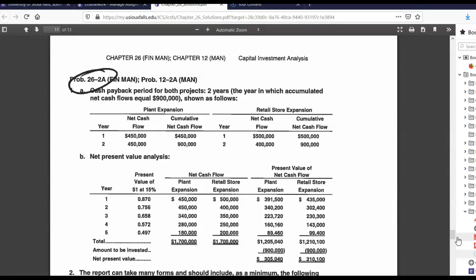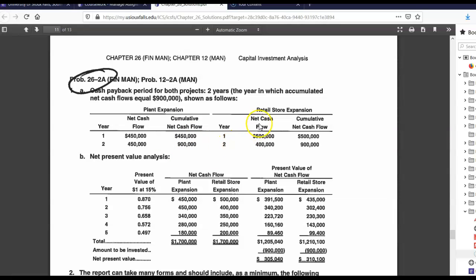Well, cash payback is, again, this one up here, no time value of money. So all they're saying is, how many years does it take to pay itself back? Well, we know it's a $900,000 investment, according to the text. Each year, it pays $450. You're a rocket scientist if you can figure that out. That means it takes 2 years.